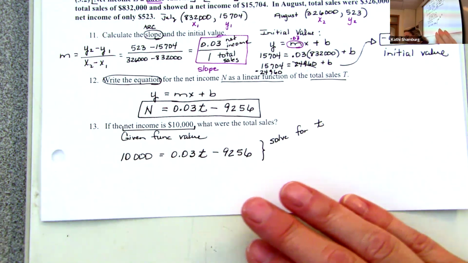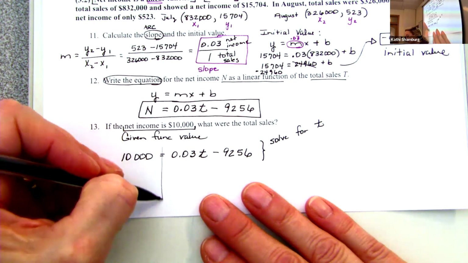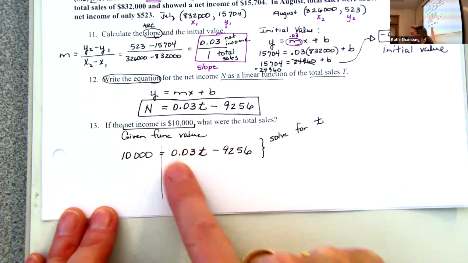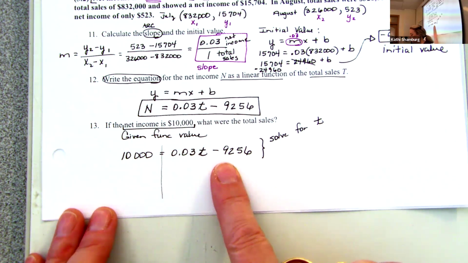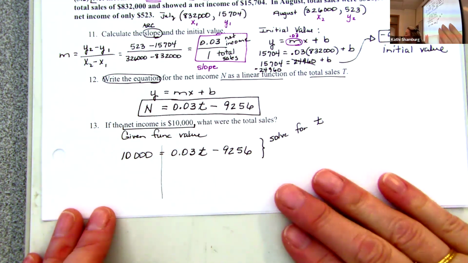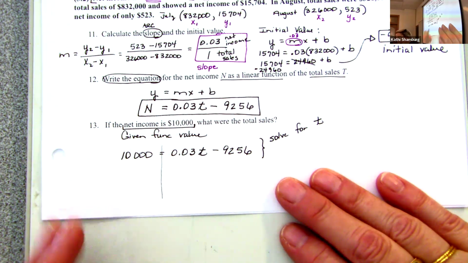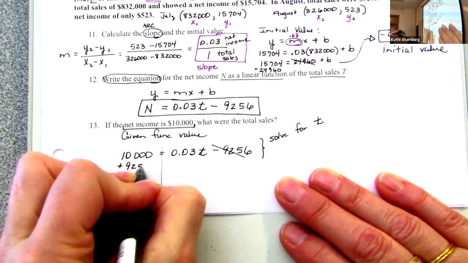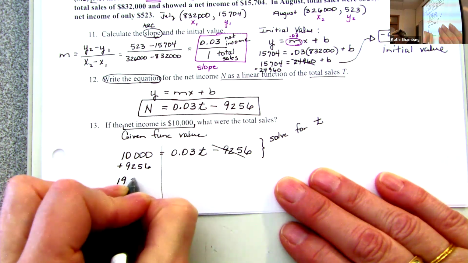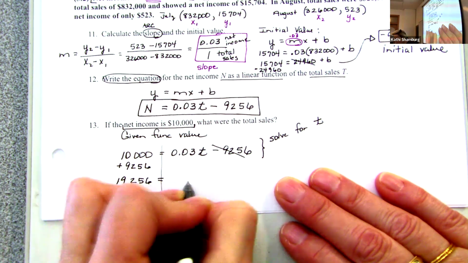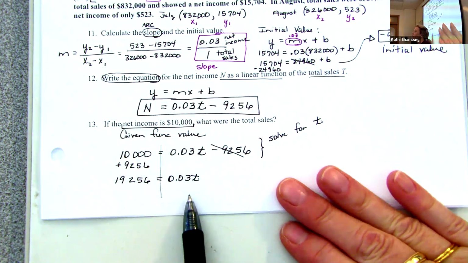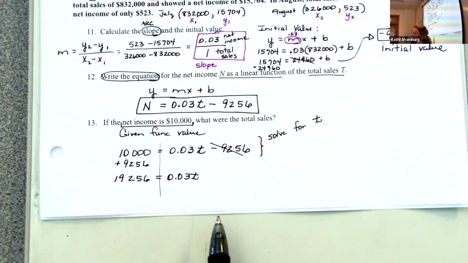Okay, so if I want t by itself, I first have to get this term by itself. So how do I move minus 9,256? I'm going to add it. And then 0.03 and t are being multiplied. How do we undo multiplication?